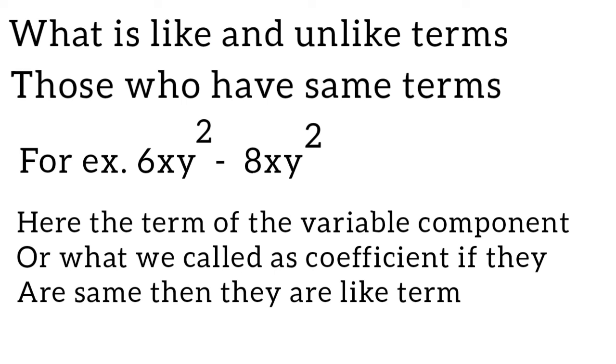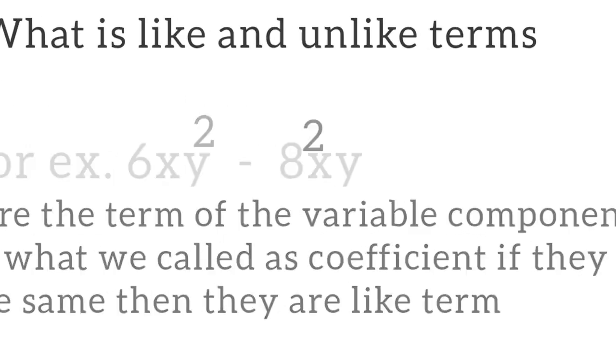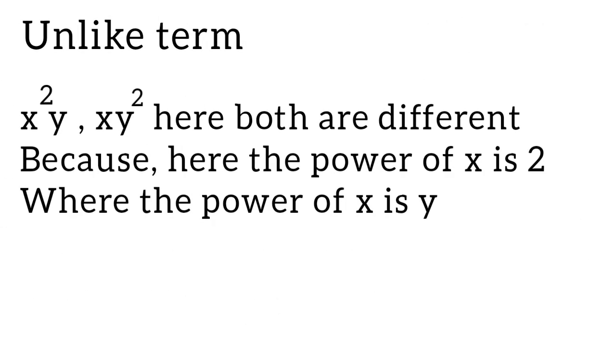So 6xy square, minus 8xy square, 15xy square, all these are like terms. Similarly, 8xyz, 9xyz, 6xyz, these are all like terms. Whereas the unlike terms are x square y and xy square. Both are different because here the power of x is 2, whereas the power of x is 1. Thank you.